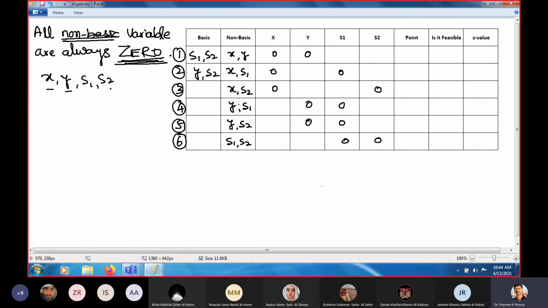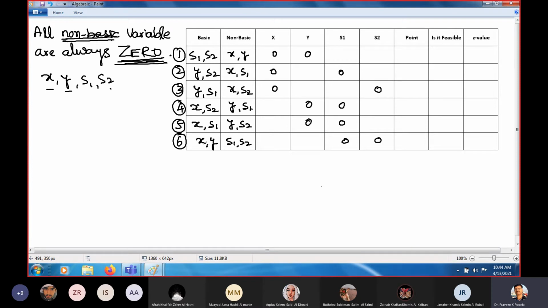Remaining are basic: X, S2 non-basic gives Y, S1 basic; Y, S2 non-basic gives X, S1 basic; and S1, S2 non-basic gives X, Y basic.